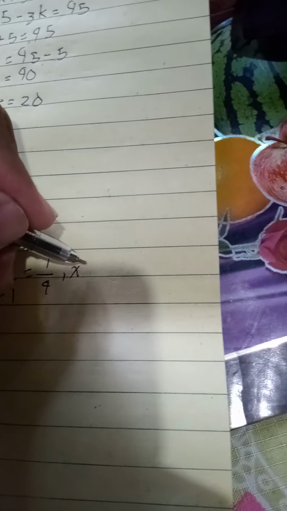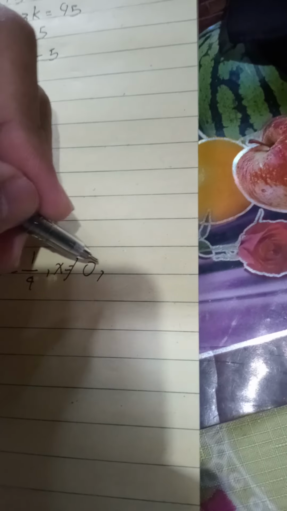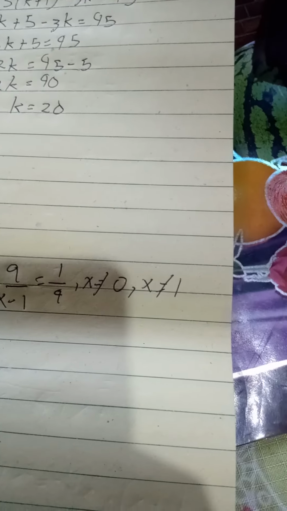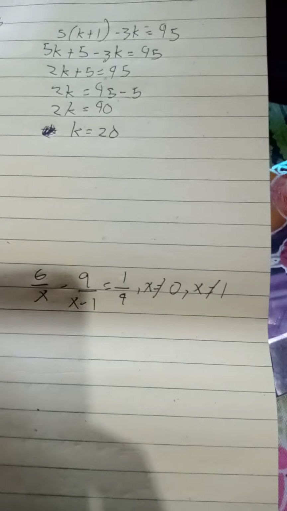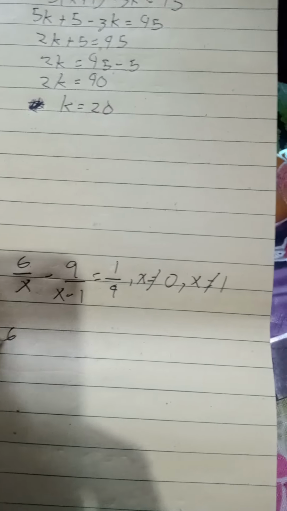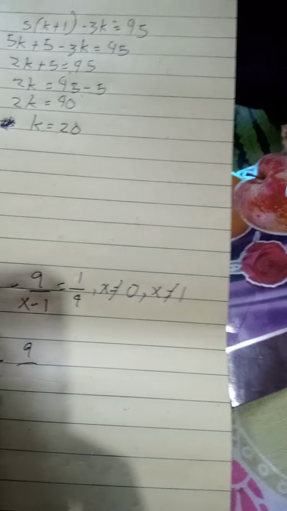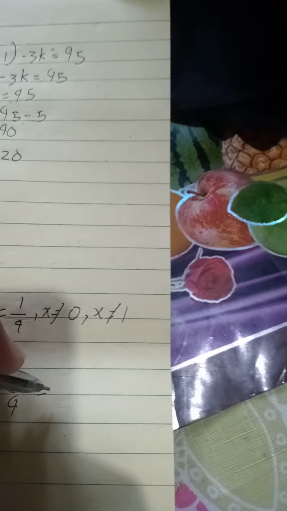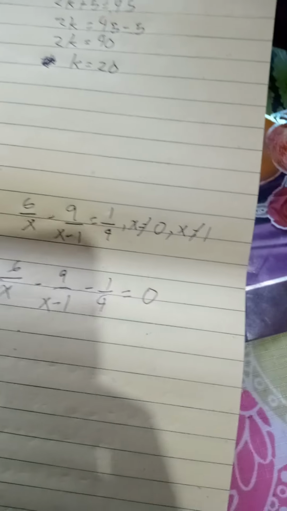x is not equal to 0, and x is not equal to 1. Then transform the expression. So it will be 6 over x minus 9 over x minus 1 minus 1 over 4 equals 0. So remove the parentheses.